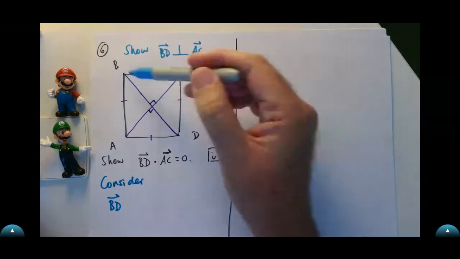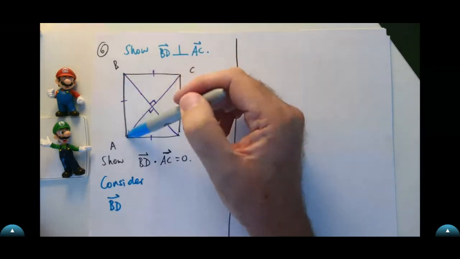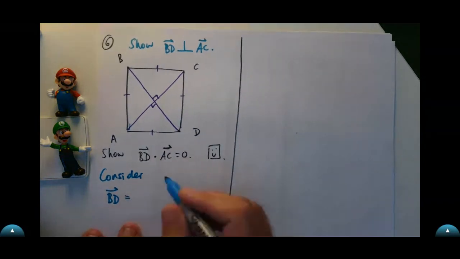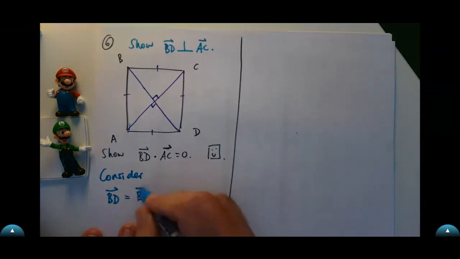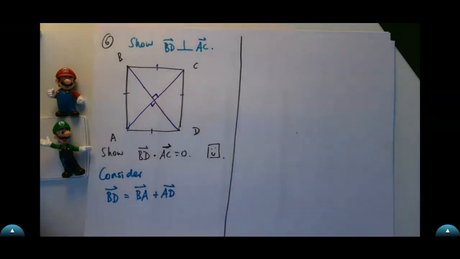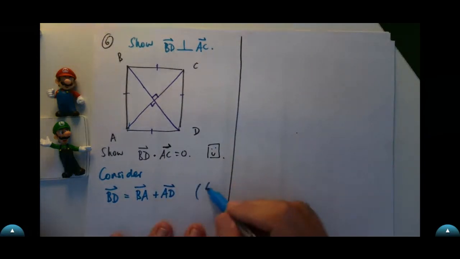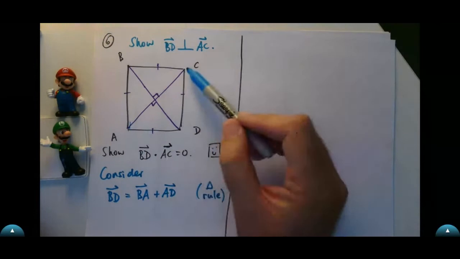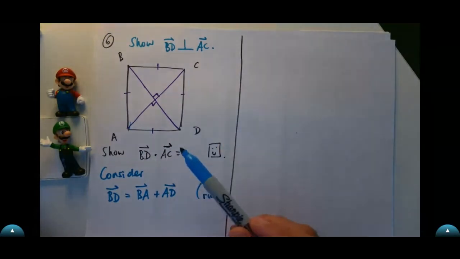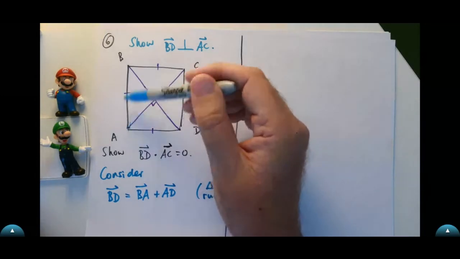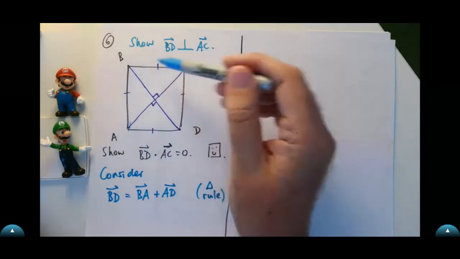The vector BD, using the triangle rule of addition, is vector BA plus AD. So we're making things a little bit more complicated to do this, but it'll be worth it in the end. And so what about AC? Well, with AC, I can go AB plus BC.